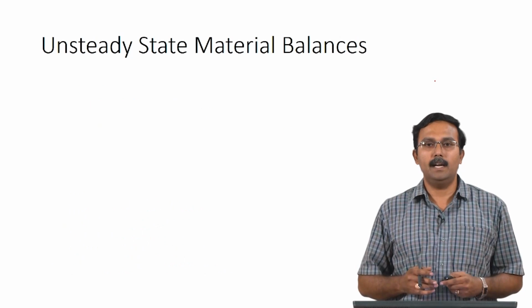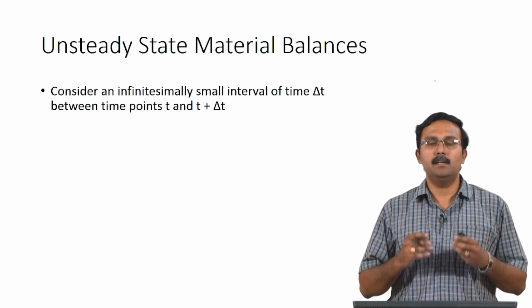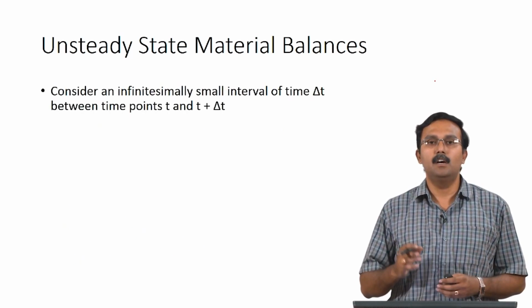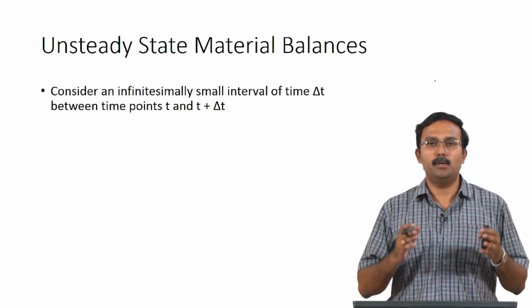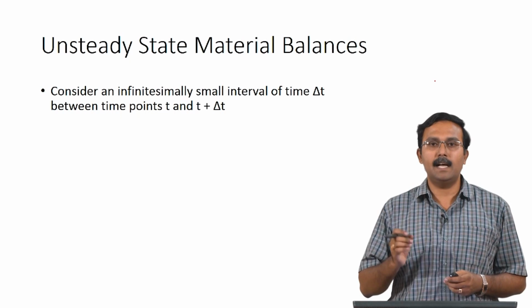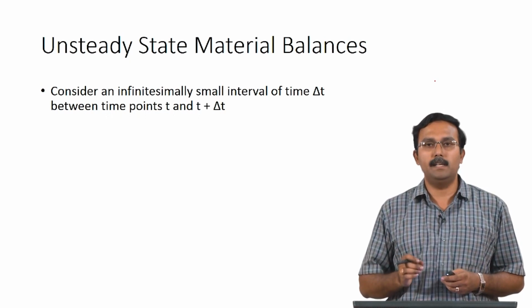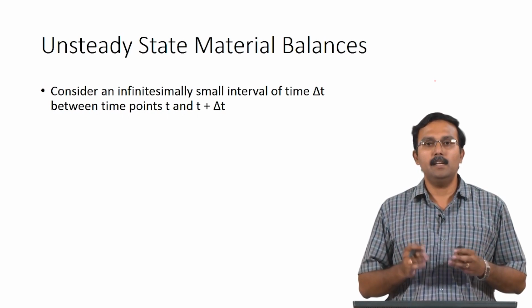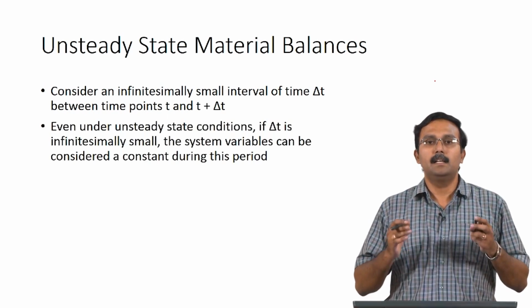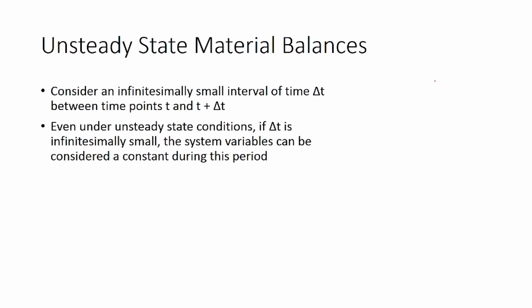To account for that, our balance equation would have to be considered for an infinitesimally small time interval. If you take delta t as an infinitesimally small time period between time points t and t plus delta t, then you can assume that the system variables are constant for this particular small period.